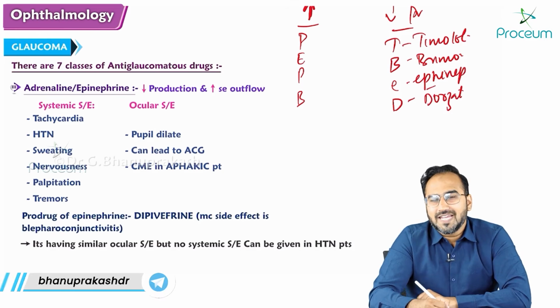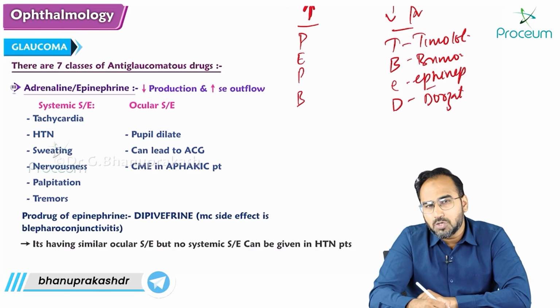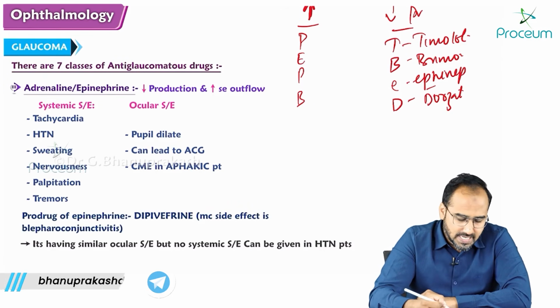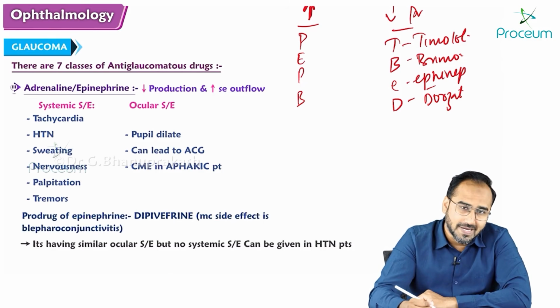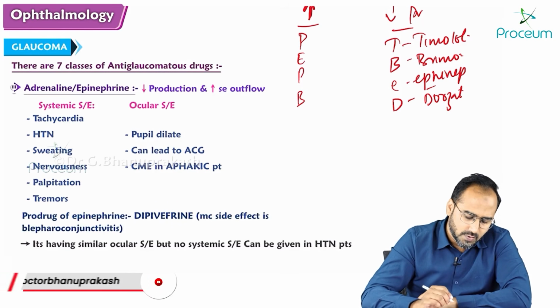Remember, epinephrine and brimonidine are the drugs which act by two mechanisms. What two mechanisms? It decreases the production as well as increases the outflow.